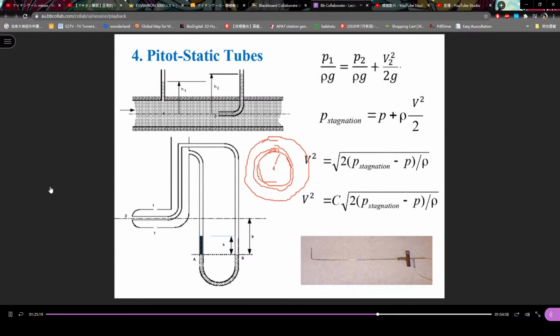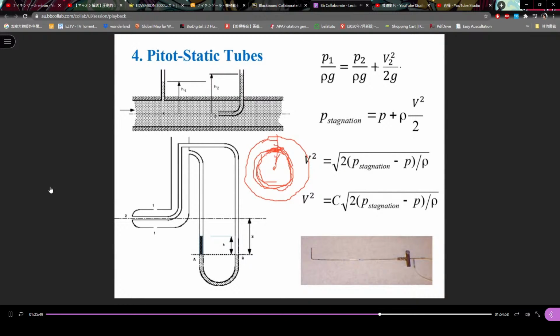We know the velocity at this point, and times the area, we know the volumetric flow rate of this section, correct? And measure another point, another section, measure another point, another section, and add all these sections' flow rates together, and divide by the whole area.